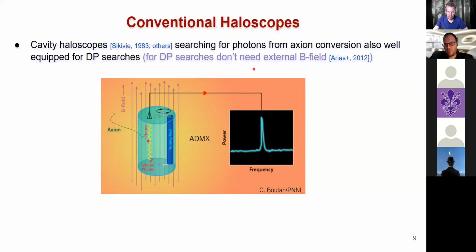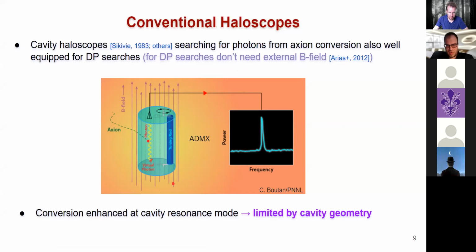Now for the dark photon, it is basically very similar to this, but you do not need the B field, as you can see in this picture for the axions. For these cavity haloscopes, as I mentioned, the conversion is enhanced at the cavity resonance mode.